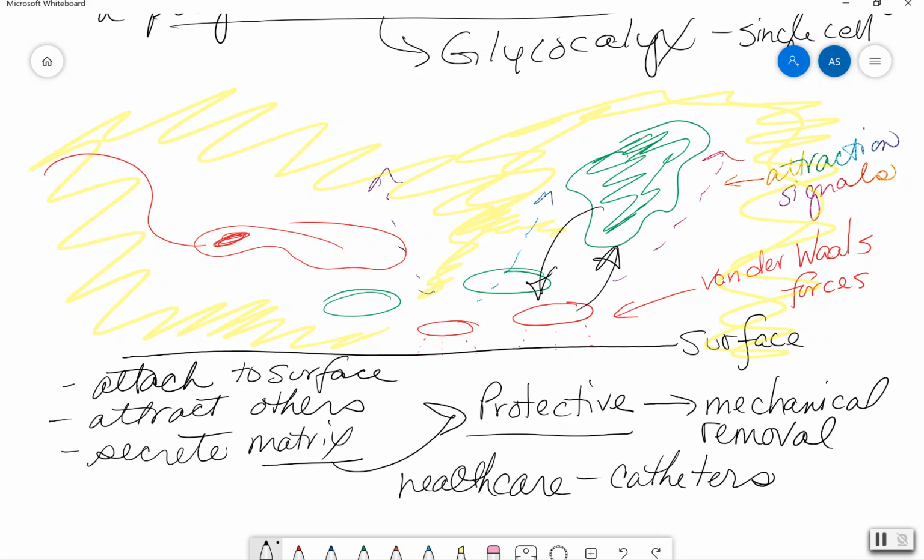If someone were to undergo heart surgery, they can form on artificial heart valves and so on and so forth, and cause a number of opportunistic infections in people who are already immune compromised. So they are significant in that they are very difficult to get rid of.